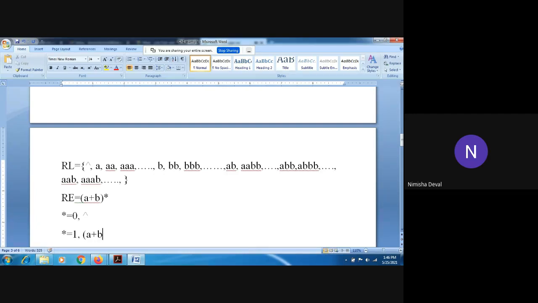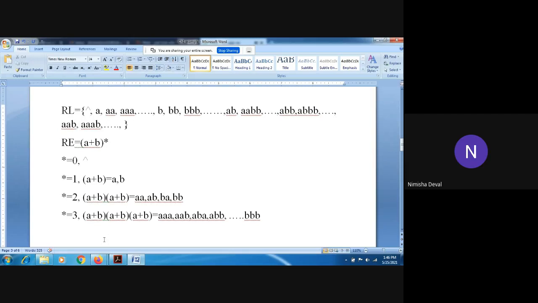It means either A will be there or B will be there. Then the second occurrence of the same bracket will generate 4 strings. If you have considered star as 3, it will generate a total of 9 strings. And this process is going on.